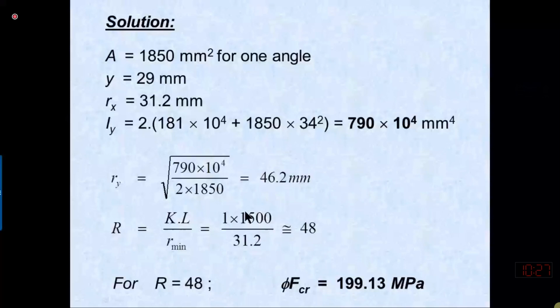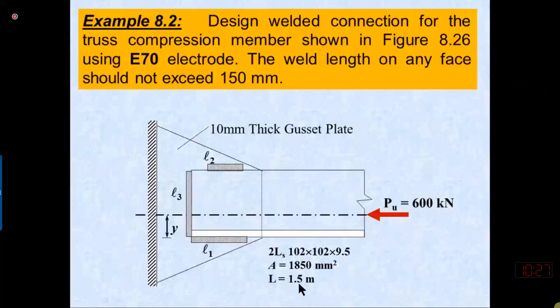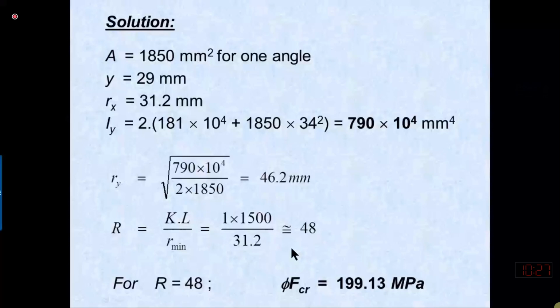So let me rotate it again. Yes, from the page number 105, I guess. So what was our slenderness ratio? So it was 48.